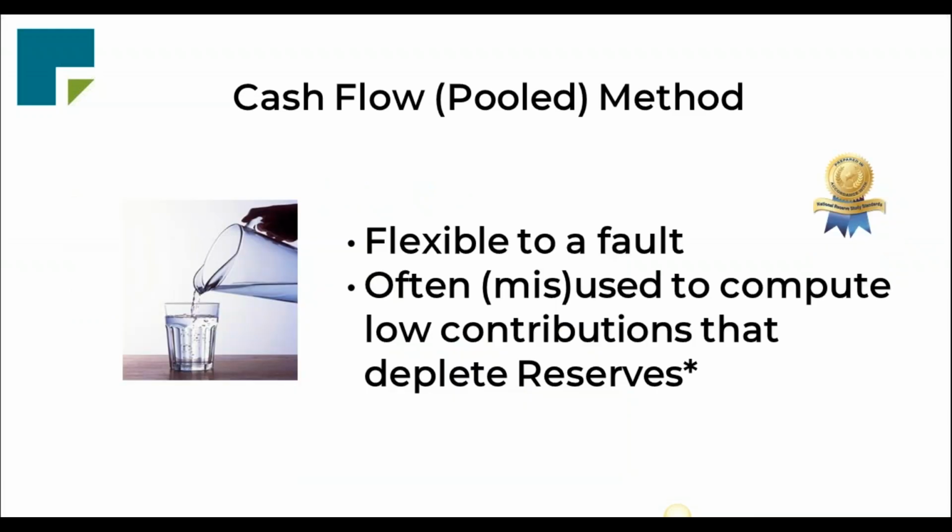So the cash flow method is nice and flexible, but too often it has been used to design contributions pursuing a baseline goal that runs the reservoir close to dry, contributions that look ridiculously small when compared to component calculations. And that can cause those cash flow contributions to be viewed suspiciously, like there's some sneaky magic going on. But no magic, it's just a combination of a different contribution profile shape over the years, and sometimes a difference in how much reserves to keep in that reservoir.